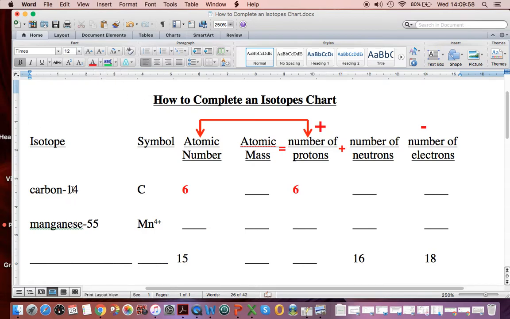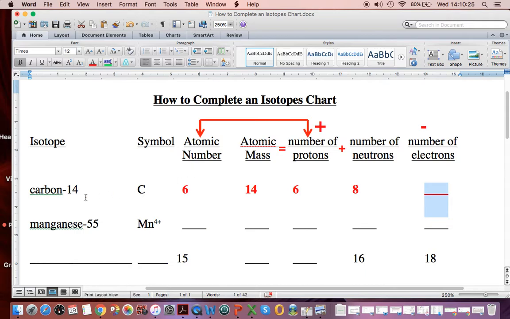Now this 14 is very convenient, so I have 14 there. So I put a 14 right here. Then I go and say, I need 6 plus something equals 14, or 14 minus 6 equals 8.